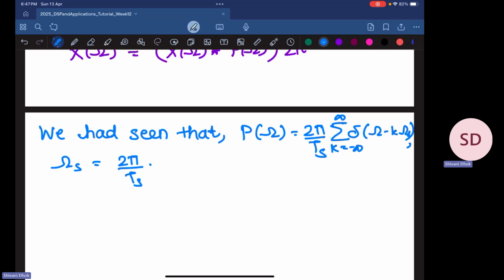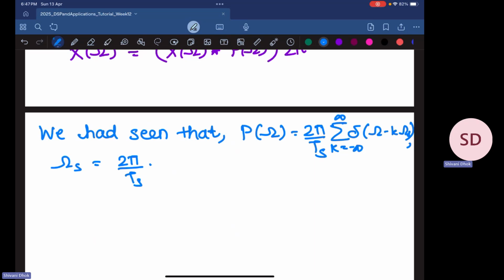This you can obtain in the exact same way as we have done in question 2 of this week. Just use the continuous time Fourier series and the continuous time Fourier transform.